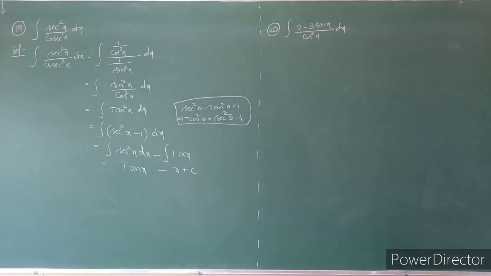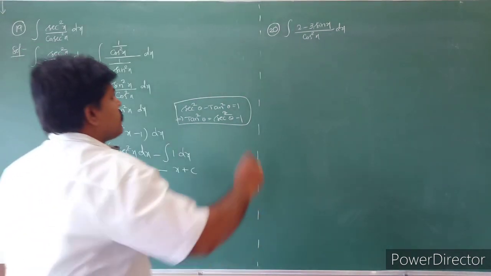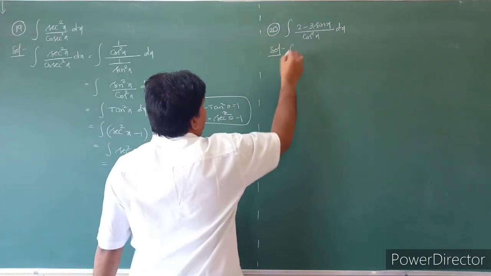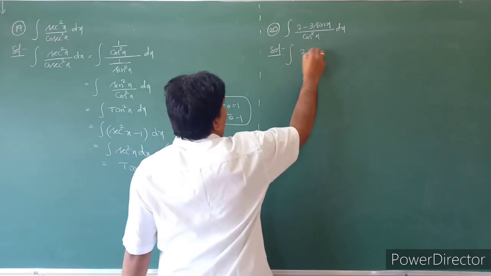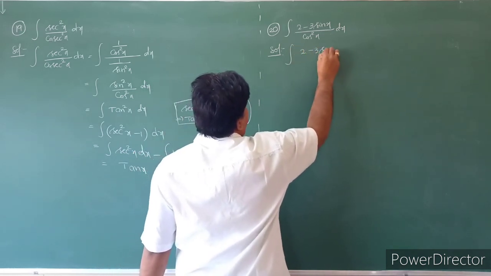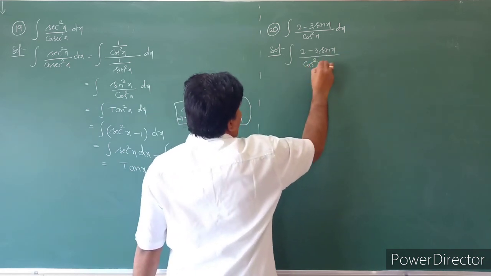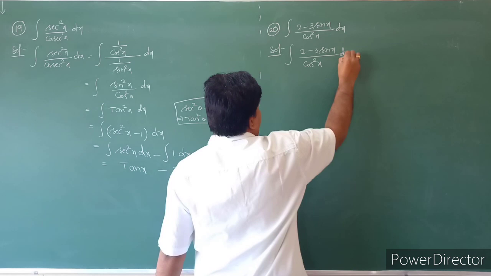So see that one. So what is the solution of this question is integral of 2 minus 3 sin x by cos square x into dx.